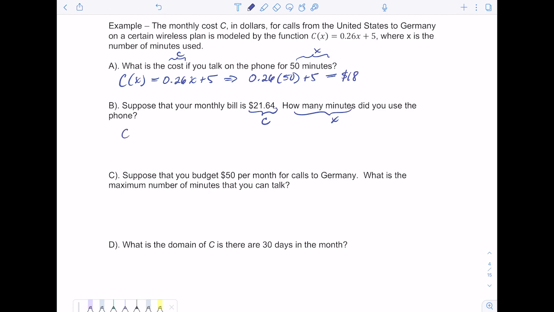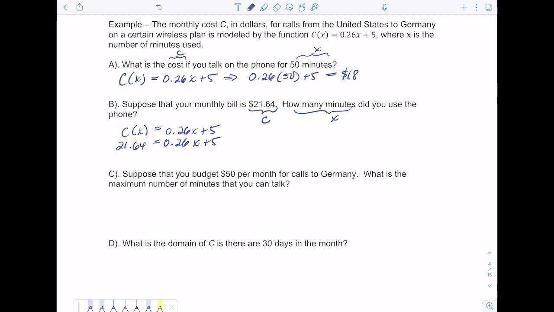Again, here's my equation, and I'm going to replace C of x with 21.64. And we're just going to solve for x. So to get x by itself, I'm going to subtract 5 from both sides. And when I subtract 21.64 minus 5, I get 16.64.